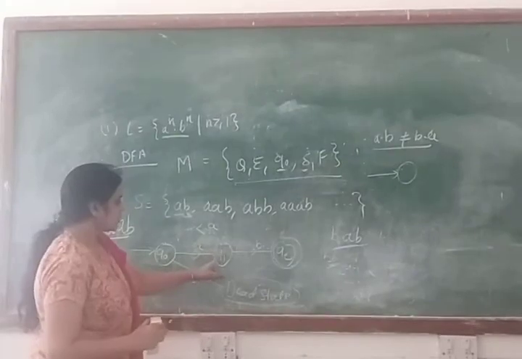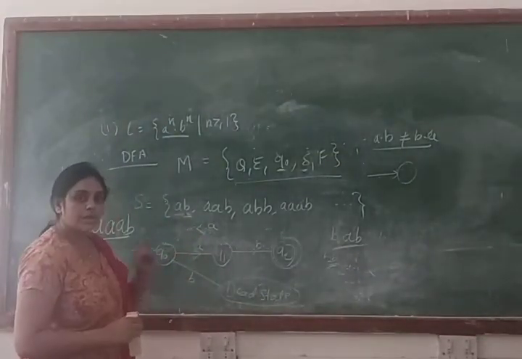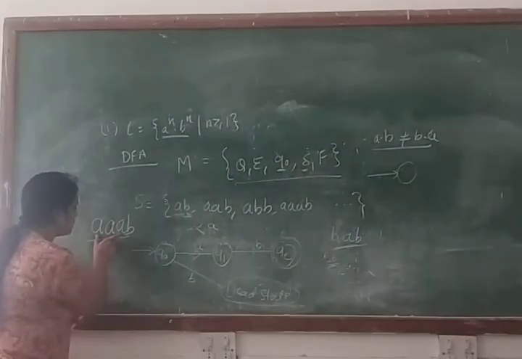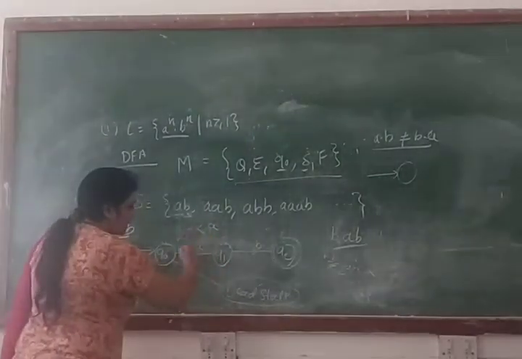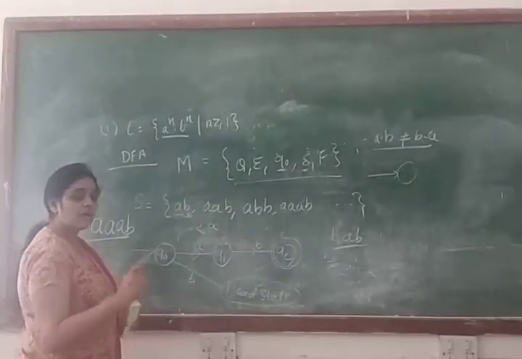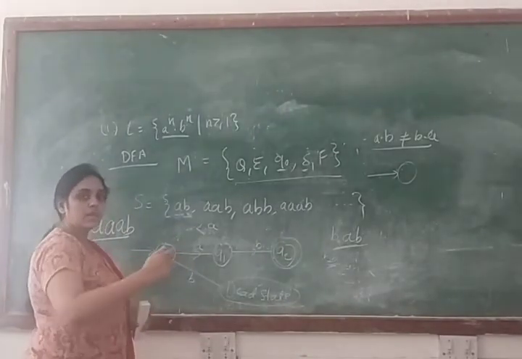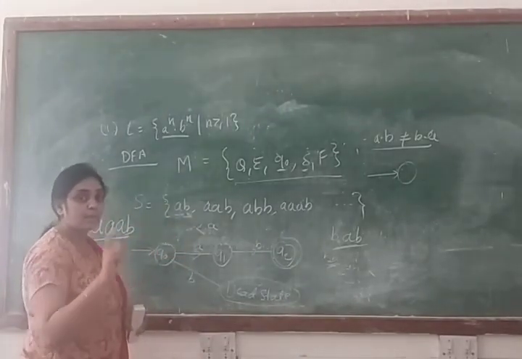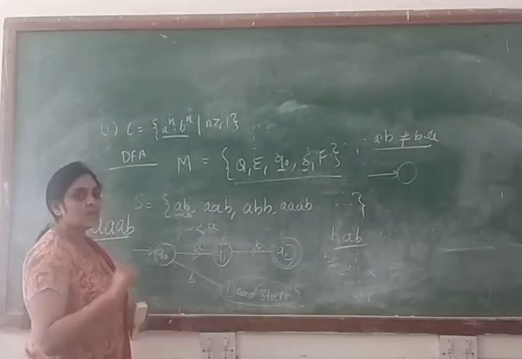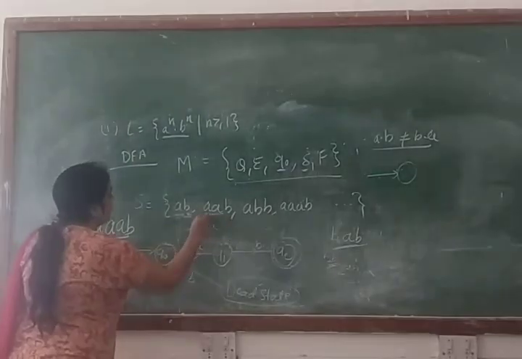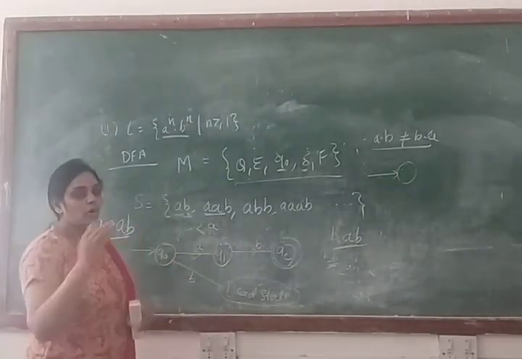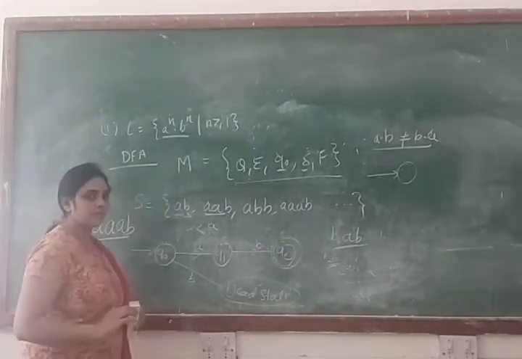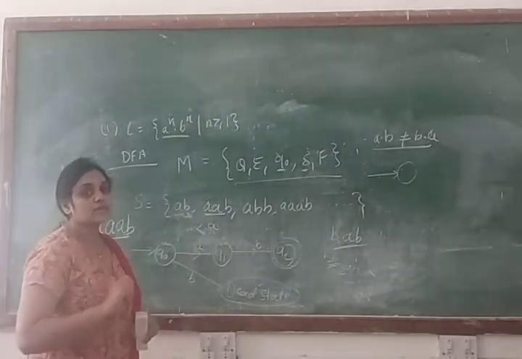If you are making a transition from Q1 to Q0, in that case you will accept either AB or AAAB or AAAAAB or AAAAAAAB, but you will not accept the string AAB. That means your machine is not accepting all the strings generated from this language, so that's why we cannot make this transition.